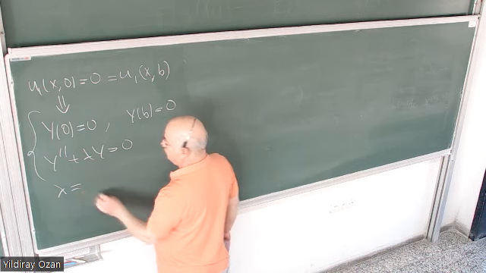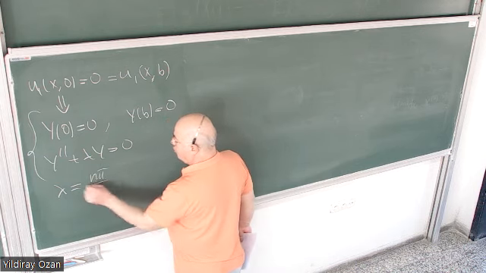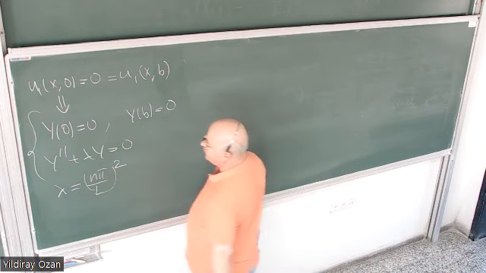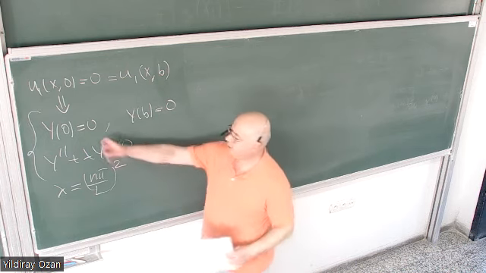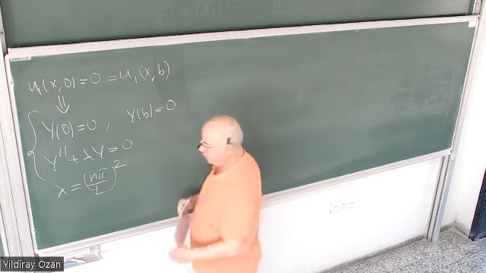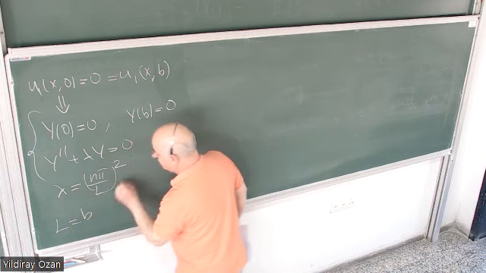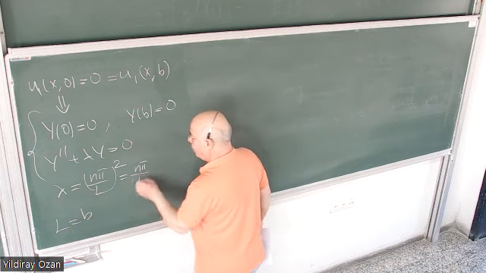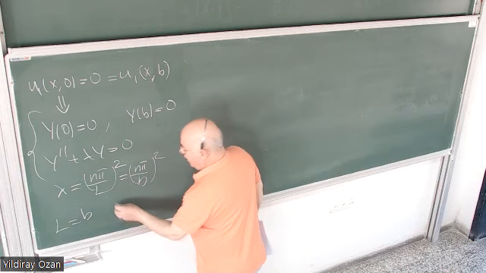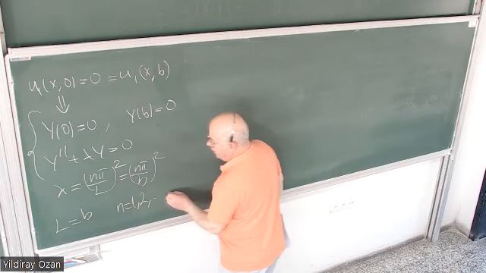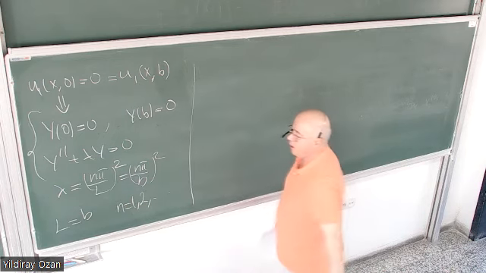This lambda should be just (n pi over L) squared. And what is L? L is the length of this interval. So in our case, L is just b. So this is just (n pi over b) squared, where n is 1, 2, 3, and so on, positive numbers.